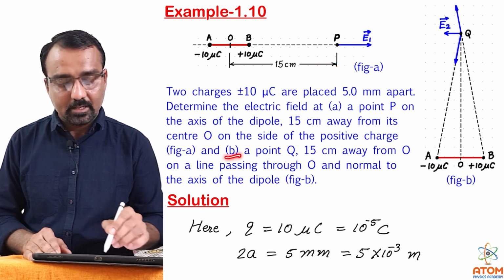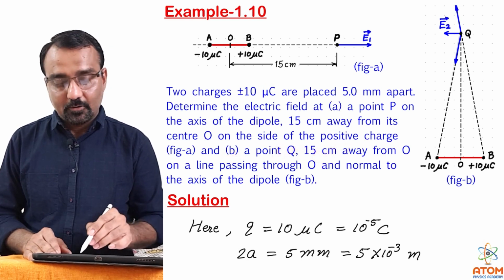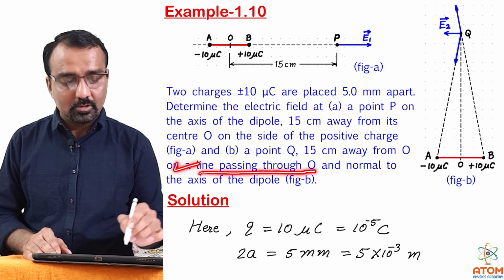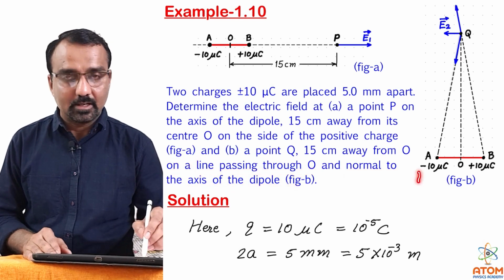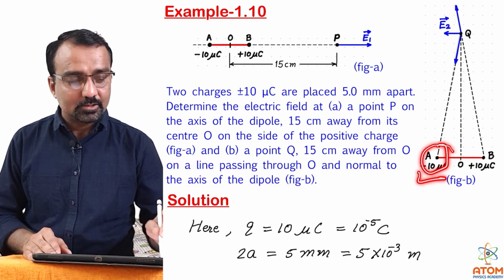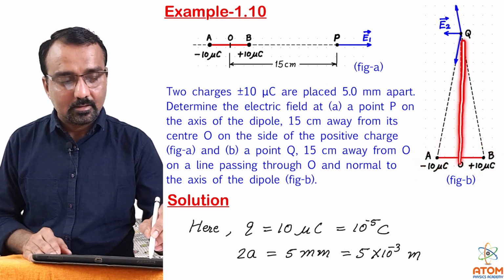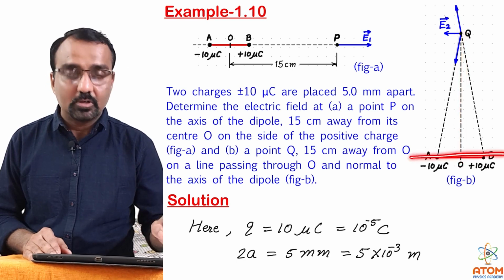Then in B, a point Q that is 15 centimeter away from O on the line passing through O and normal to the axis of the dipole. See this figure, here is the dipole again, minus Q and plus Q, and this is the line which is a perpendicular bisector of the dipole axis.